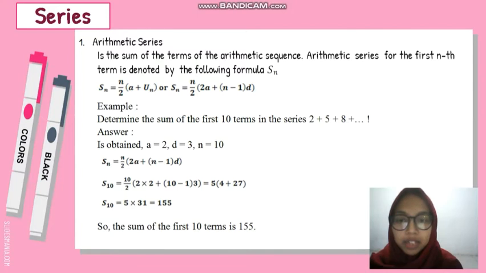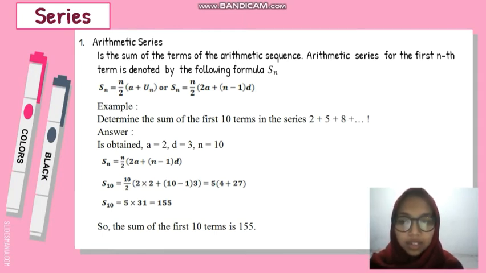Example: determine the sum of the first 10 terms in the series 2 plus 5 plus 8 plus and so on. The answer is obtained: a equals 2, d equals 3, n equals 10. So S sub n equals n divided by 2 times 2a plus n minus 1 times d.